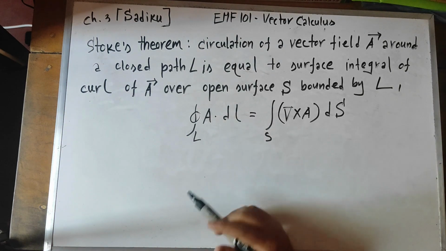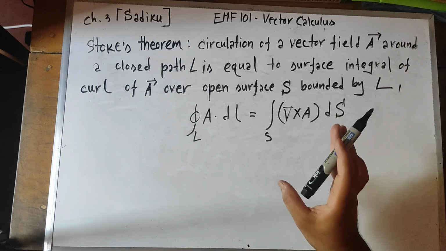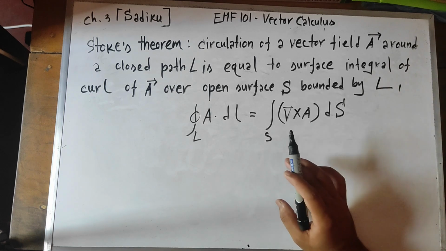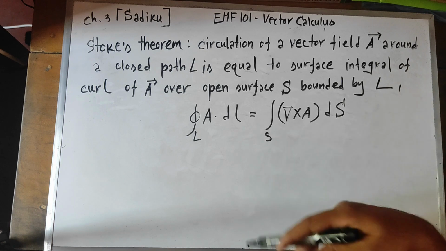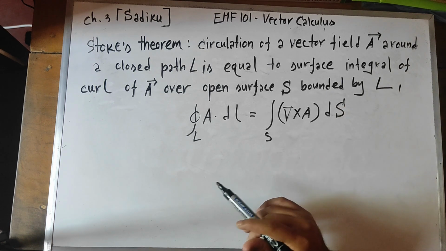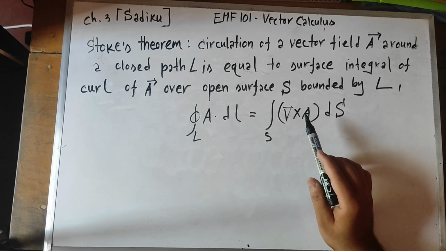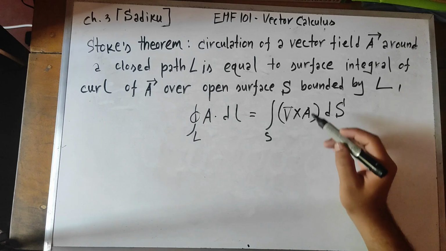It states that given a vector field A, a circulation of the vector around a closed path on a surface can be expressed by the surface integral of the curl of the vector.